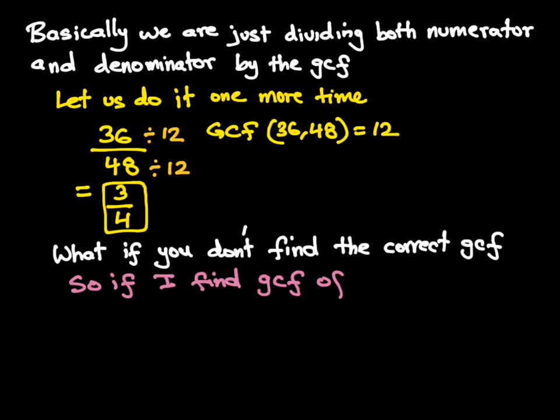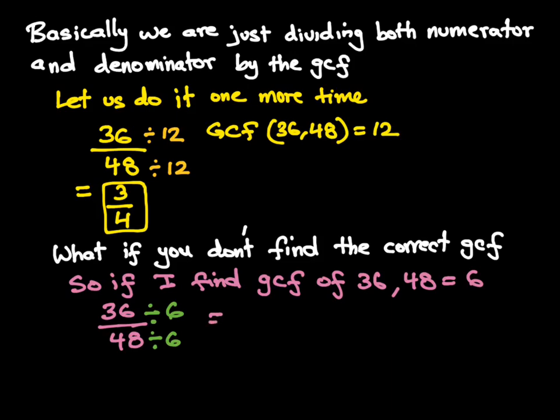So if I mess up in that, you can still get the correct answer if you're thinking clearly until the end. So what you do is you divide both the numerator and the denominator by 6, and the numerator gives you a 6, and then once you see that, you're going to say, oh, it looks like that still can be cancelled out more, and then you divide it again by 2, right?